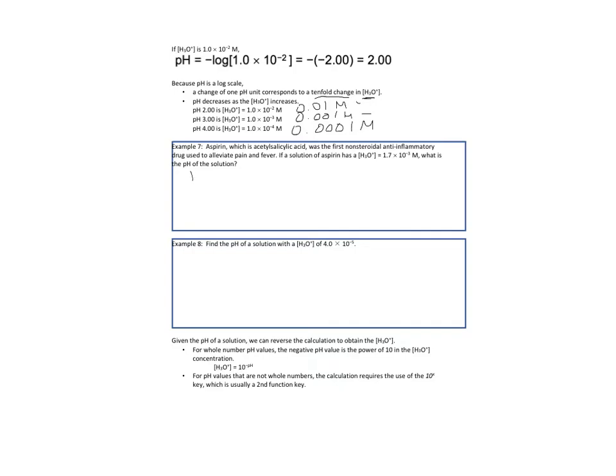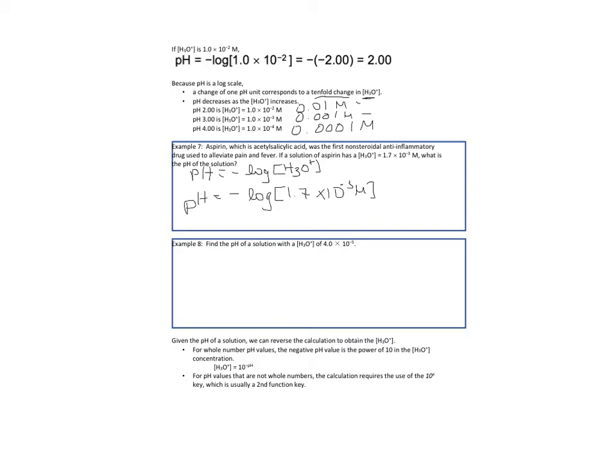So our pH equation is that pH is equal to negative log the concentration of the H3O plus. So the pH of our aspirin solution is equal to negative log 1.7 times 10 to the negative 3 molar.